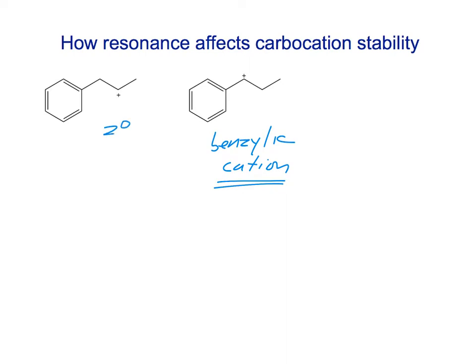Though I think this is a system that was asked about on the other one, whereas if we have a system like this, we could also get a 1,2 hydride shift if this was a real reaction, which would then lead us to this benzylic carbocation. So allylic and benzylic, the benzylic is roughly the same stability as the allylic as well.